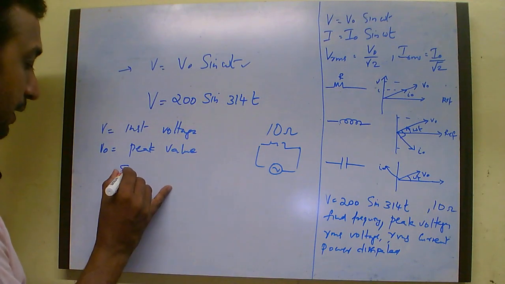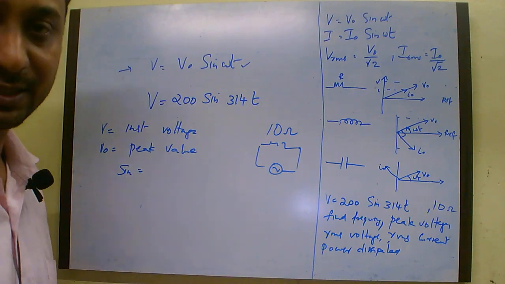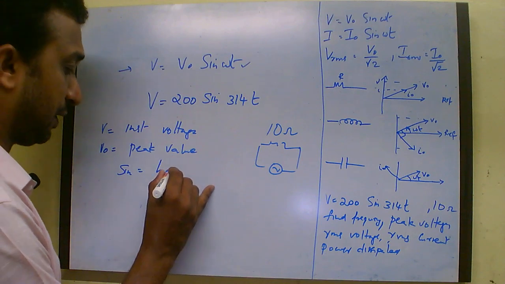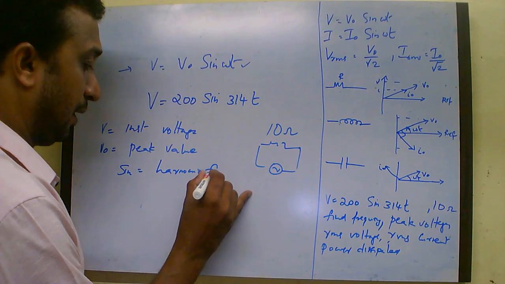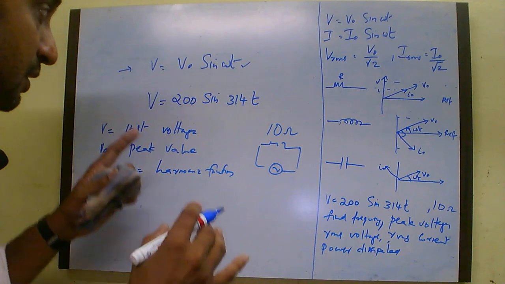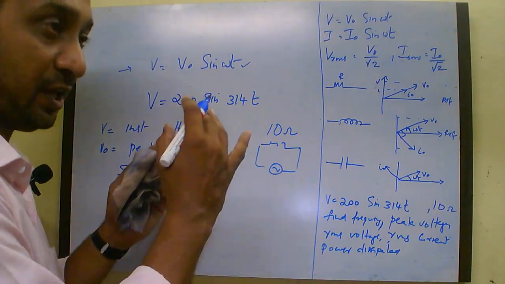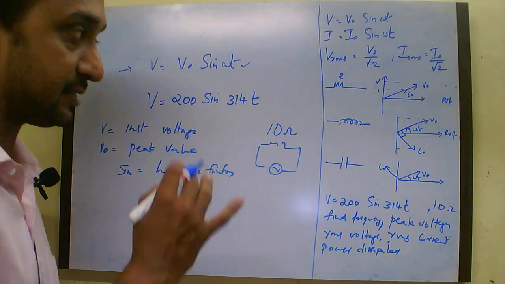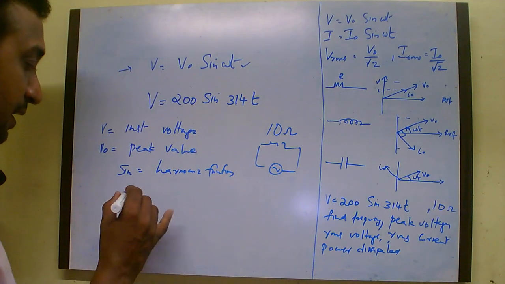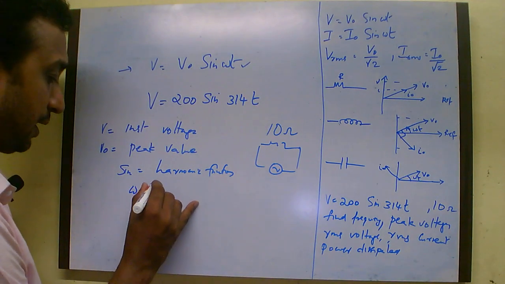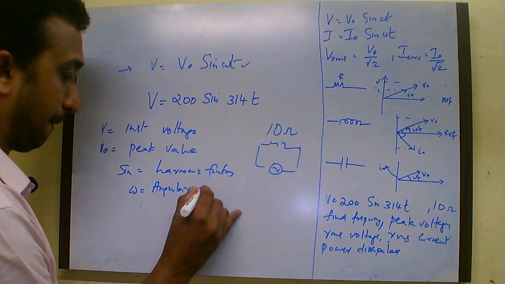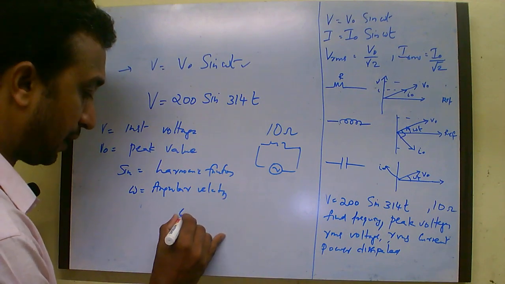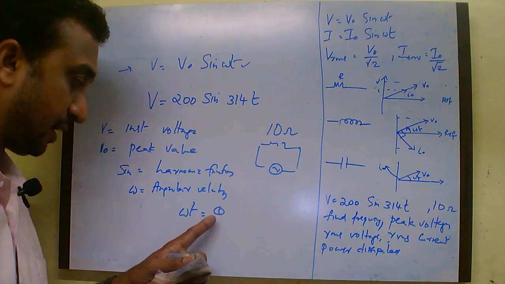Then what does this sine represent? Sine represents a harmonic function. Harmonic function means the value of V is going to vary periodically as the time progresses. Then what is omega? Omega is the angular velocity, because omega t is actually the angular displacement.